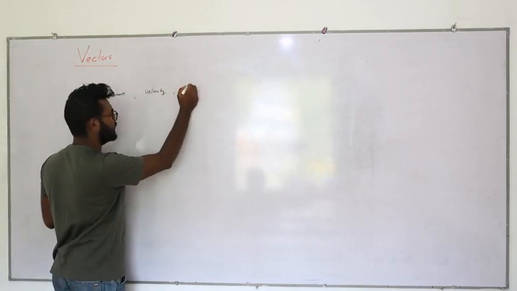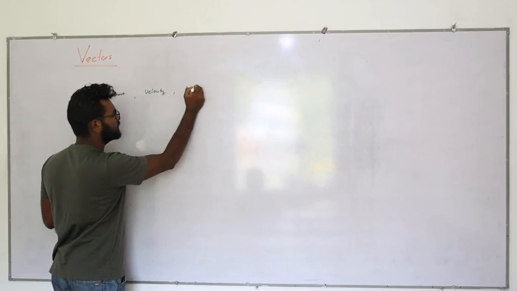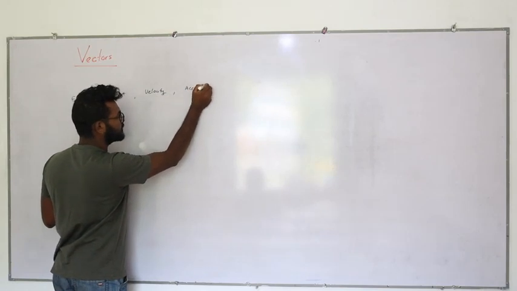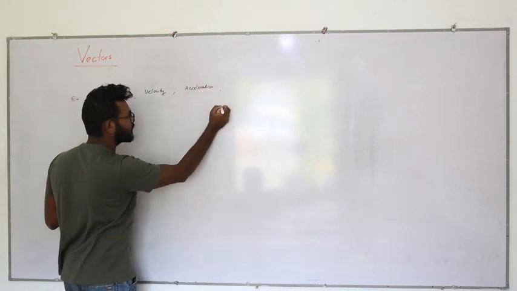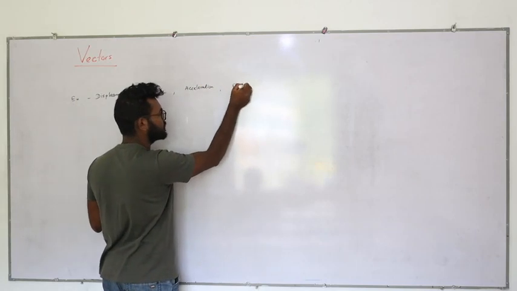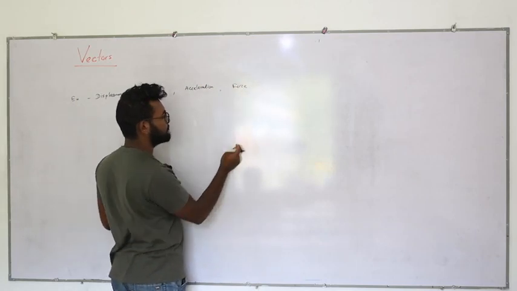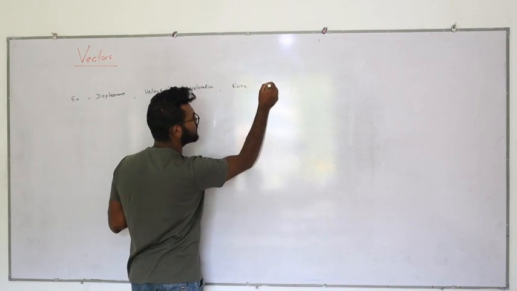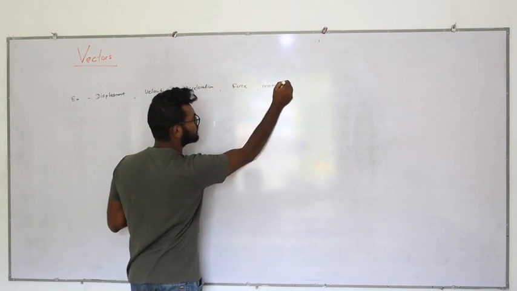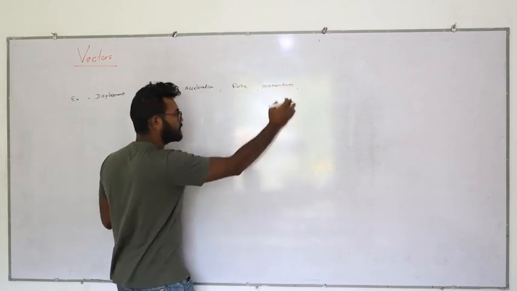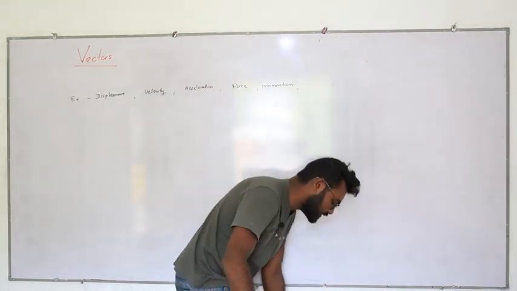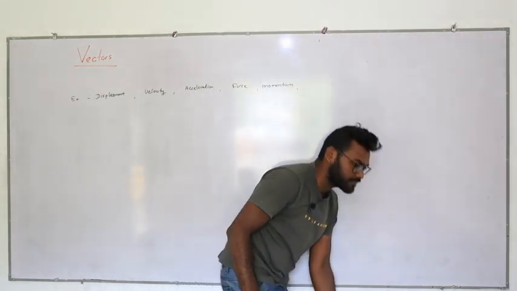Velocity, and we have something called acceleration, and force, and momentum. There are plenty of examples that we can see for the vectors. Okay, let's copy down.